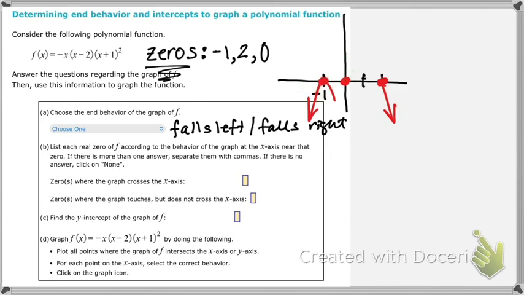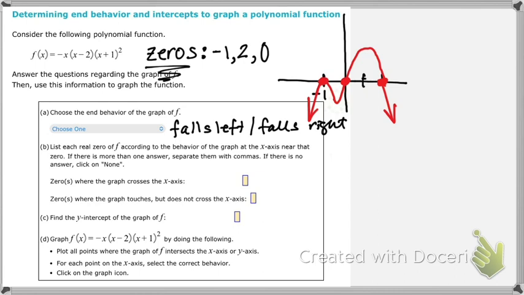All right, and then the other intercepts do cross. So I got to get back up, cross, and then come back down and cross. So look at that. I have a pretty good graph of a quartic function there.